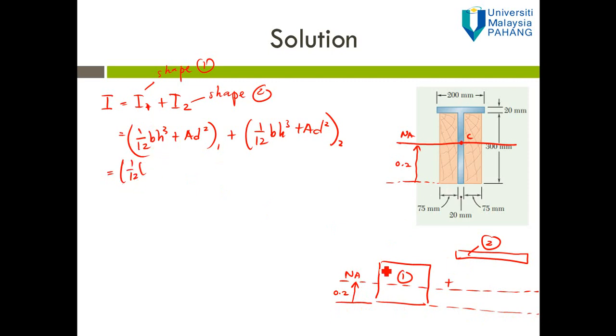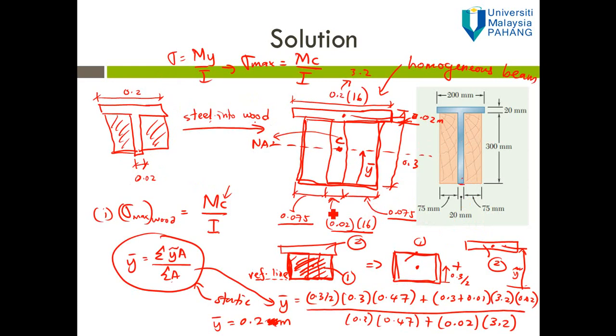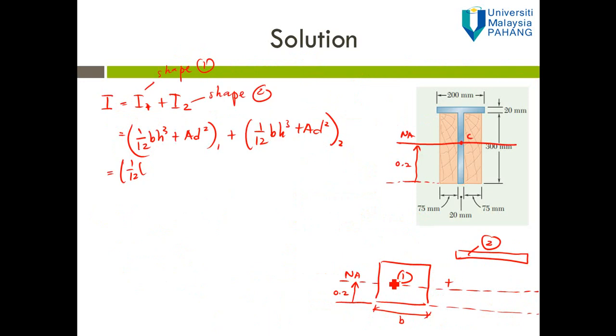B is this width. B equals 0.075 plus 0.02 times 16 plus 0.075, which is 0.47.